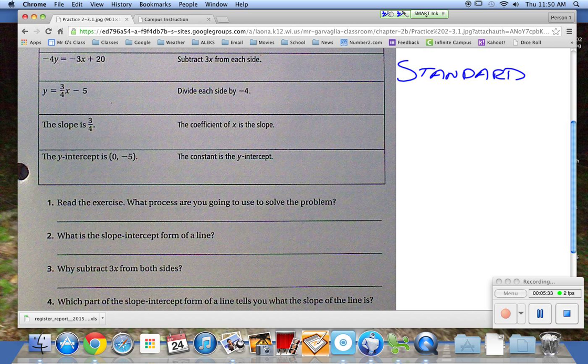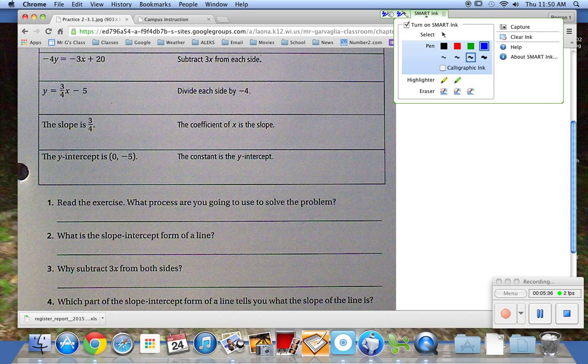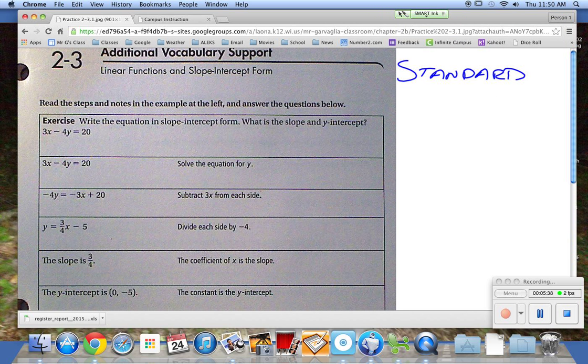The standard form, which is what they showed you initially right here. This is a standard form, right? Standard form is going to be Ax plus By equals C. My A in this case is my 3. My B in this case is negative 4. And my C is 20. All right? What we did is we figured it down to this, which is your slope-intercept.